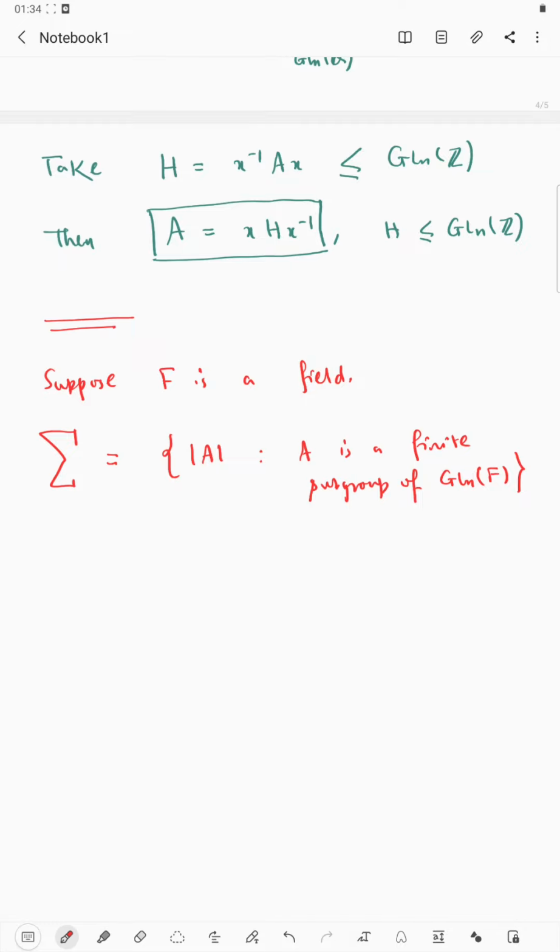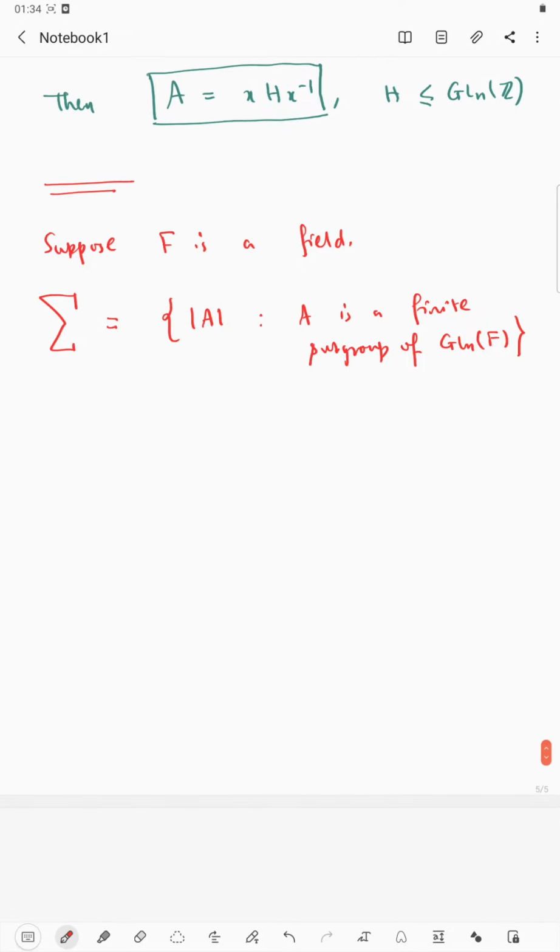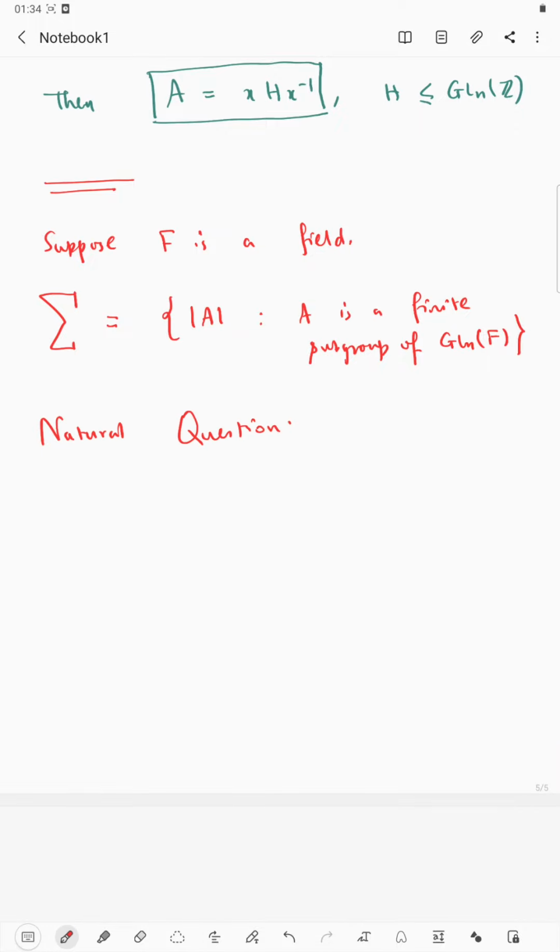So when a set of real numbers is given, the natural question arises whether sigma is bounded or not.